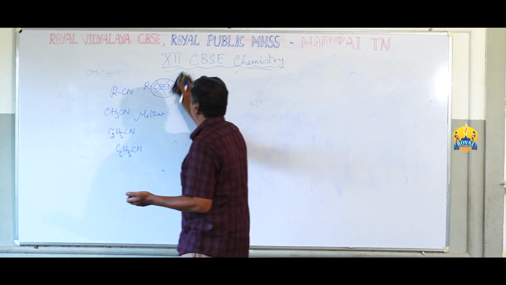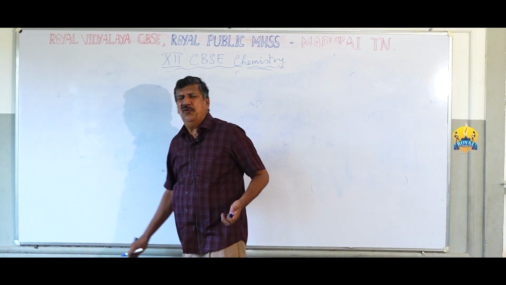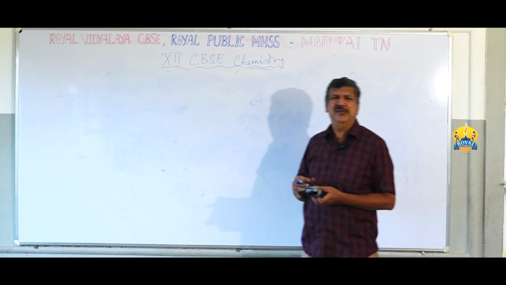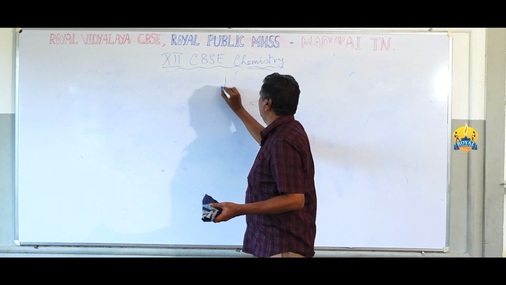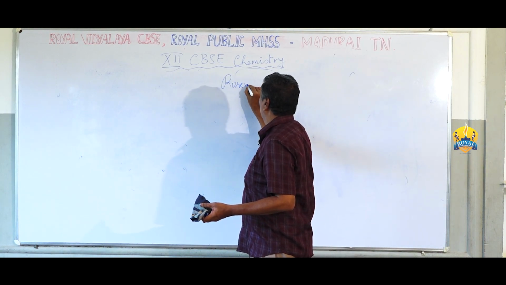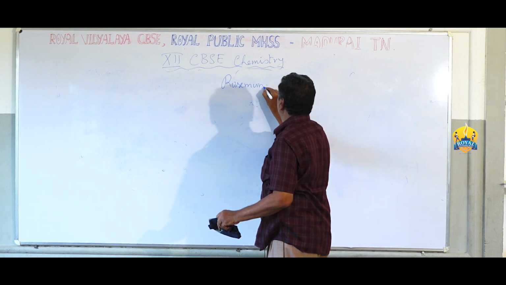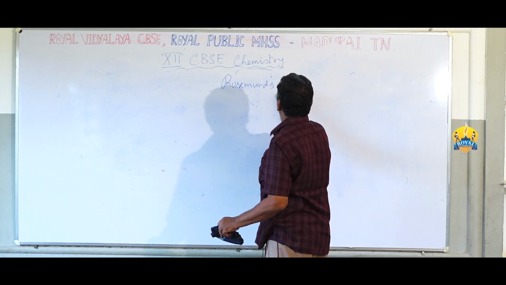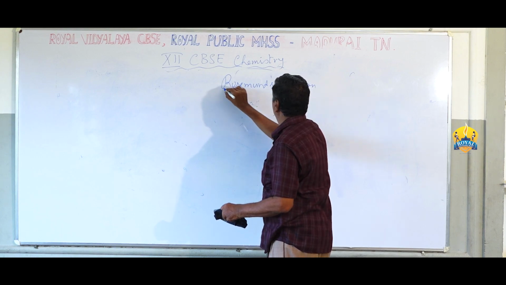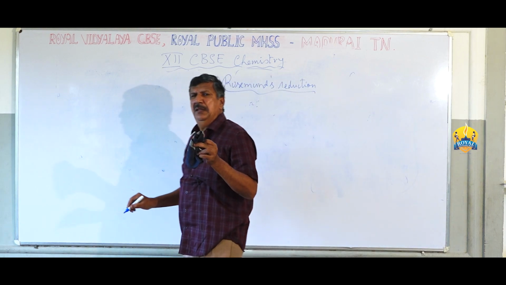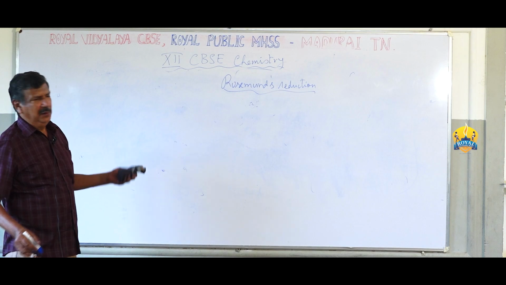Secondly, in organic chemistry, many are not able to score good marks. Means, what is behind this? You see, Rosenmund reduction. For example, I am telling one, Rosenmund reduction.